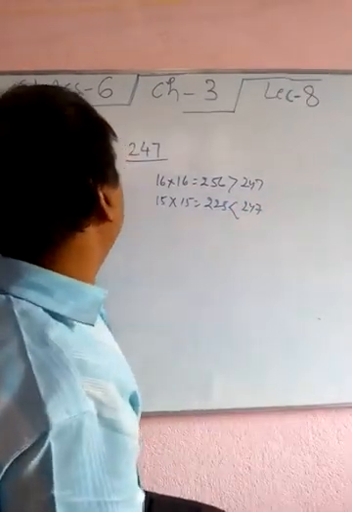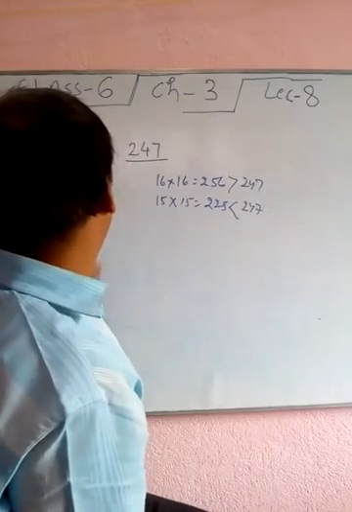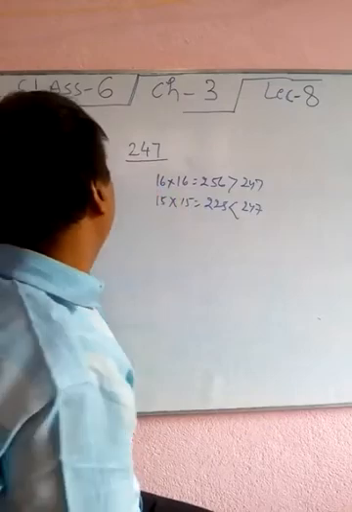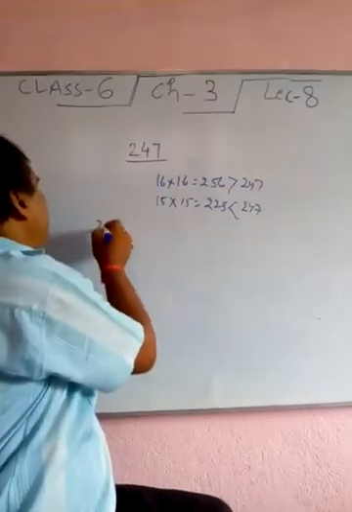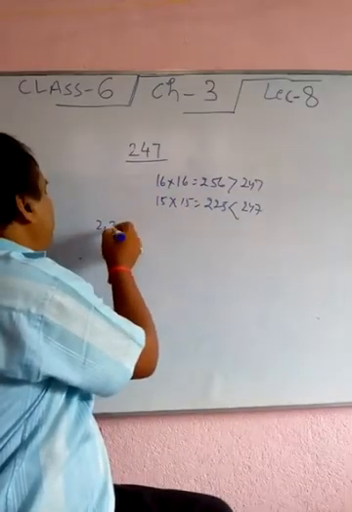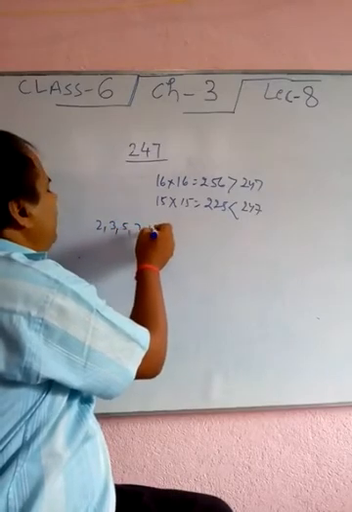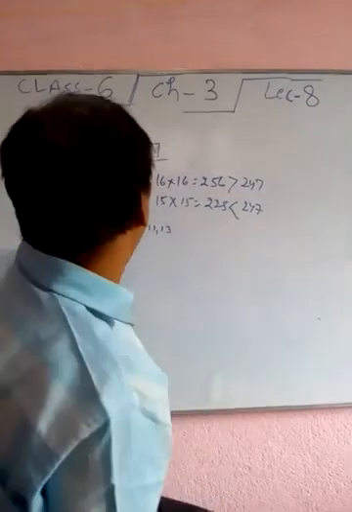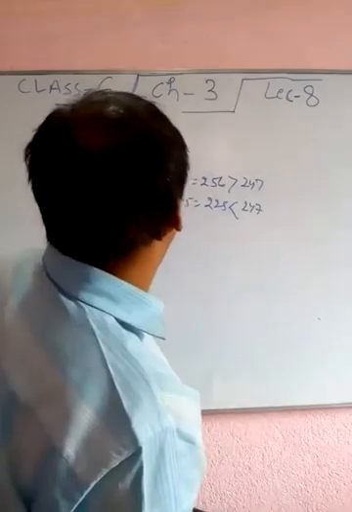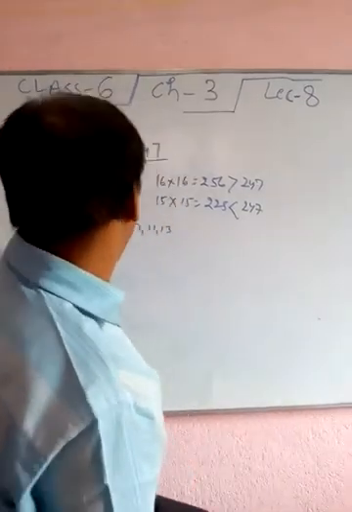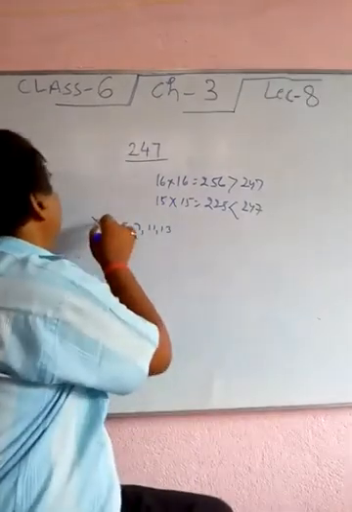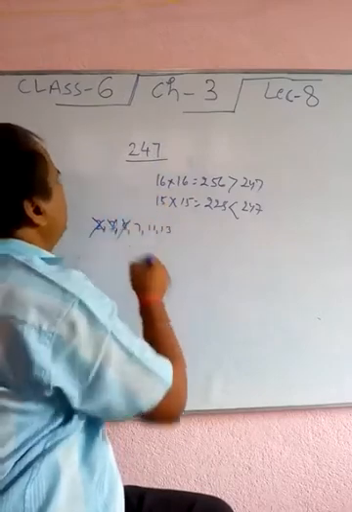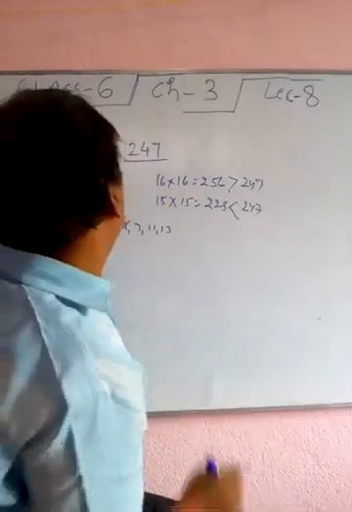So we have to check the divisibility of this number by the prime numbers less than 16: 2, 3, 5, 7, 11, 13. By 2 not possible, not possible, not possible, not possible.